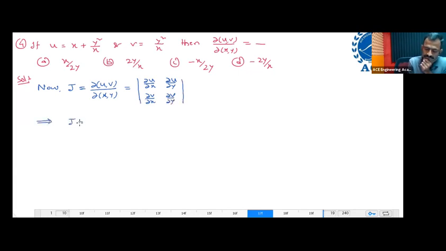Which implies J equal to: u with respect to x is, the derivative of 1 by x is minus 1 by x square, and u with respect to y is 2y by x, and v with respect to x is minus y square by x square.